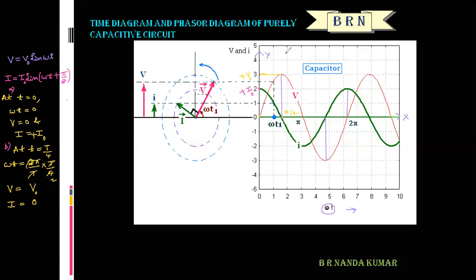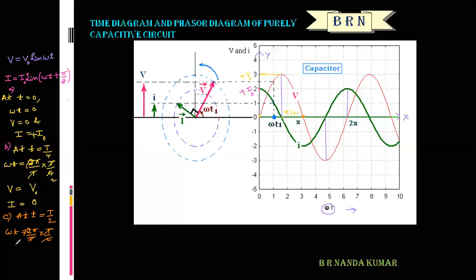Okay, the next phase, at time t equal to T by 2. What is the value of omega t? Omega is 2 pi by T, and small t is T by 2. So T cancels, and omega t is equal to pi. In the third phase, at time t equal to T by 2, omega t is equal to pi.